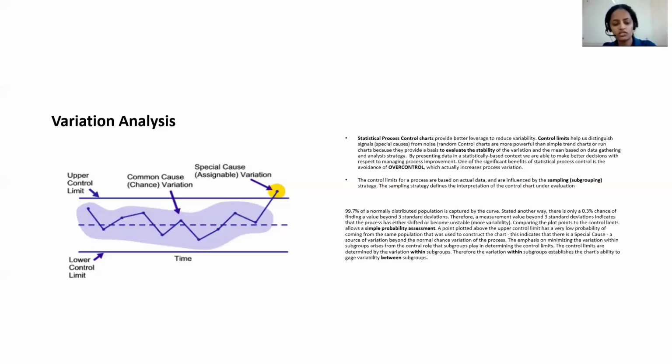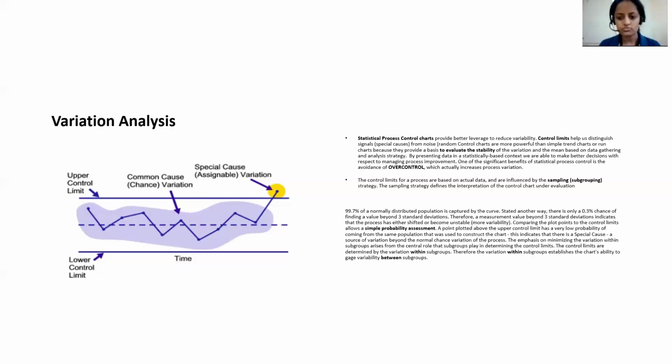Like you can see in the graph, there is an upper control limit and a lower control limit. Any data point which crosses the control limits shows that the process has become unstable, or the process has shifted from its regular phase. So this is where we have to focus.